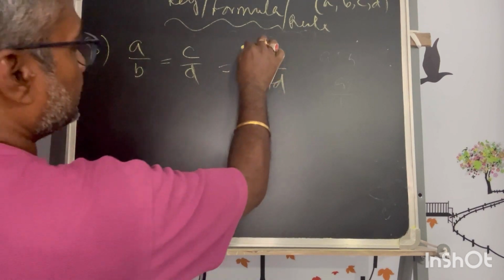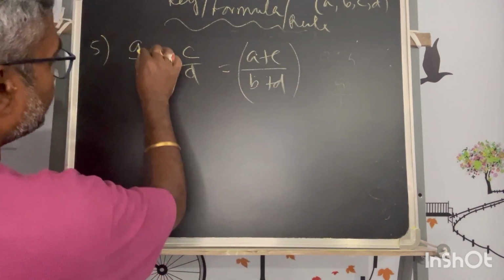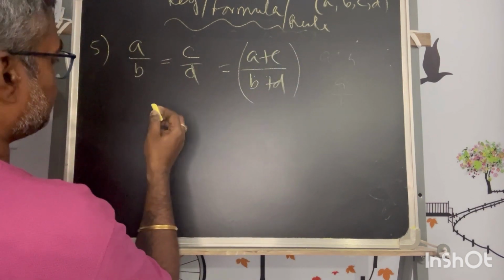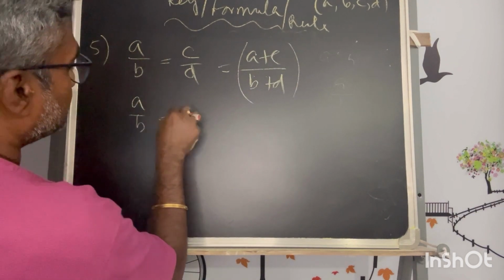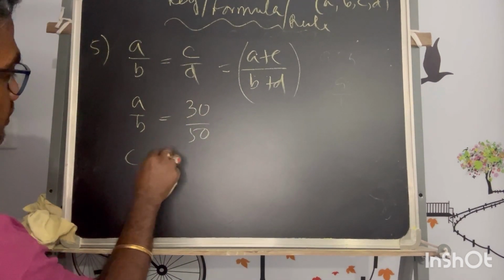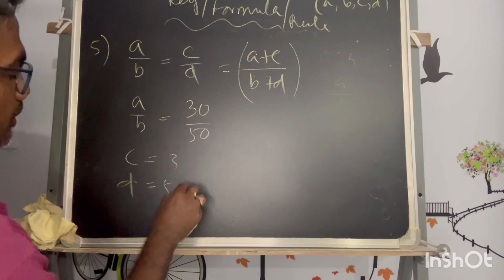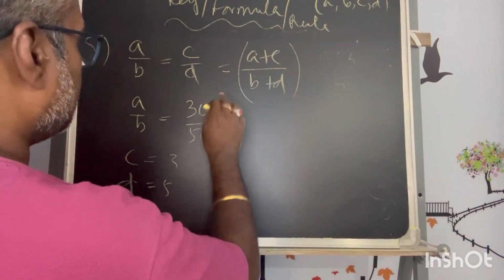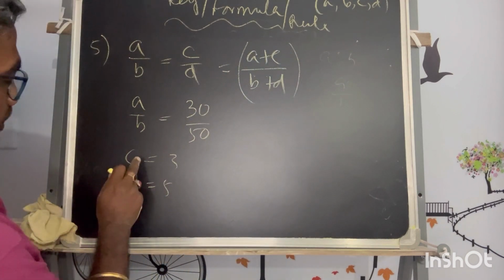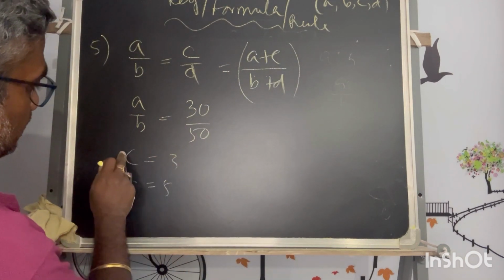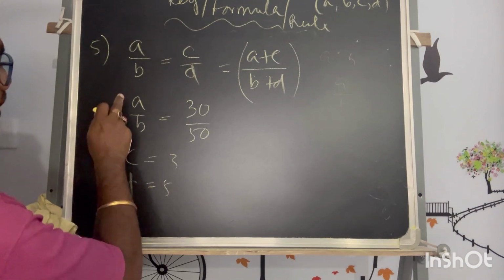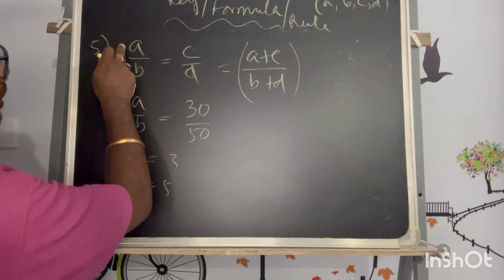That means if I am adding two ratios, something in this case, if I take an example you will understand. a by b, let's say this is 30 by 50. So now c is equal to 3, d is equal to 5. Now what I can say is this ratio will be the same as this ratio when the numbers we are adding are in the same ratio as the actual numbers.